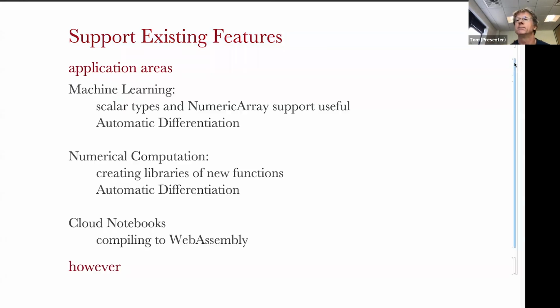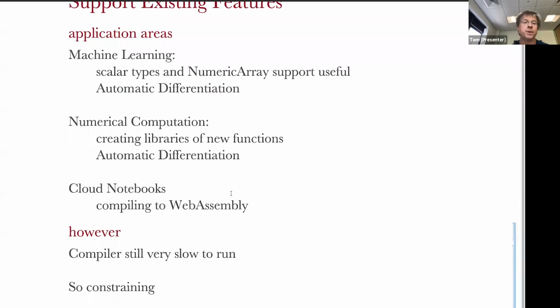That's part of the documentation. So this supports areas such as machine learning or numerical computation. We've looked at supporting the cloud notebook system by generating WebAssembly. But there's still a constraint: the compiler is still very slow to run.